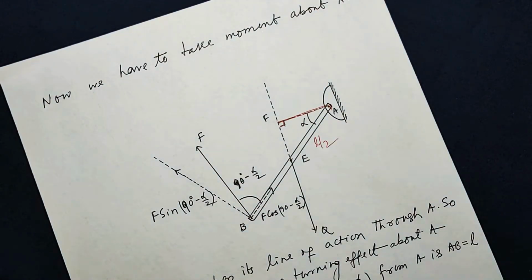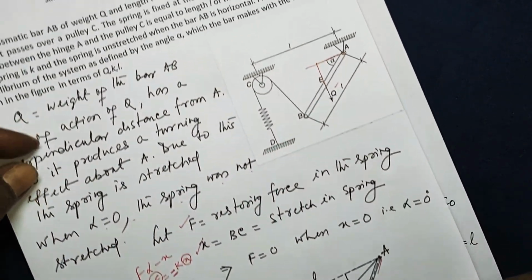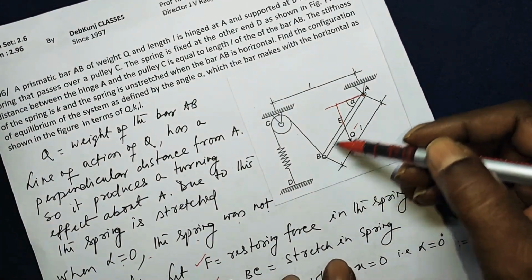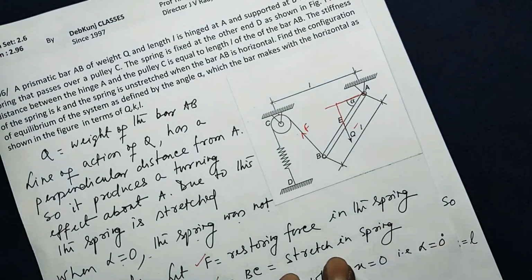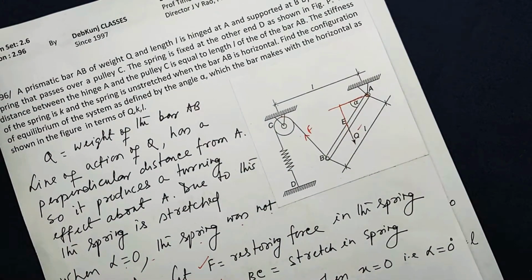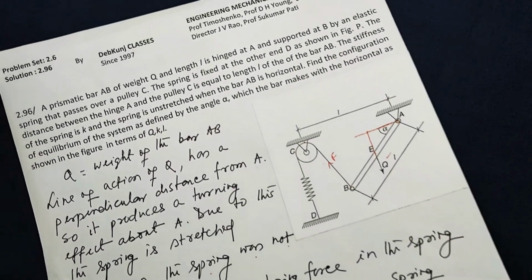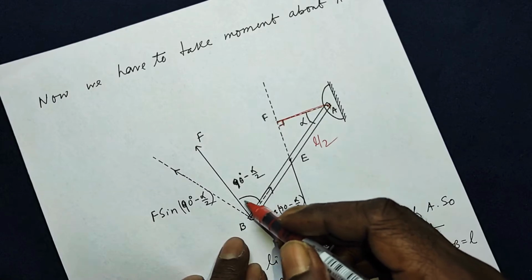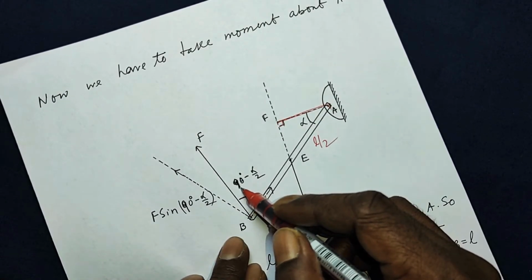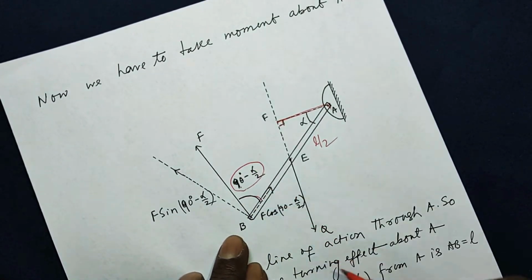The spring force I have shown at point B, which means when the bar is tilted, this is the direction of the spring force, now trying to regain its original shape. So the spring force I have shown here, making angle 90 minus alpha by 2.